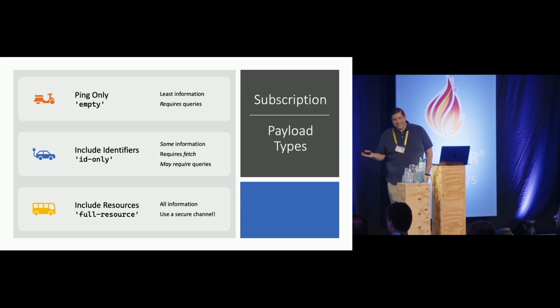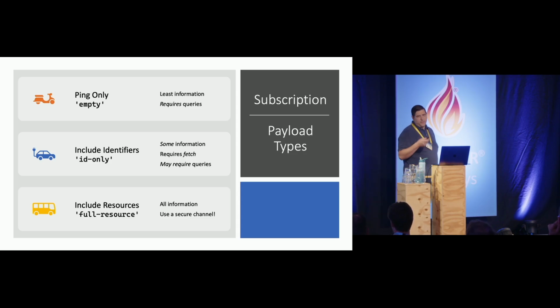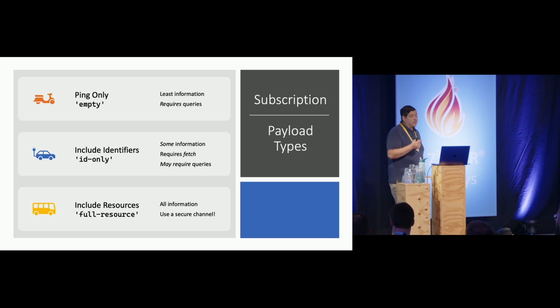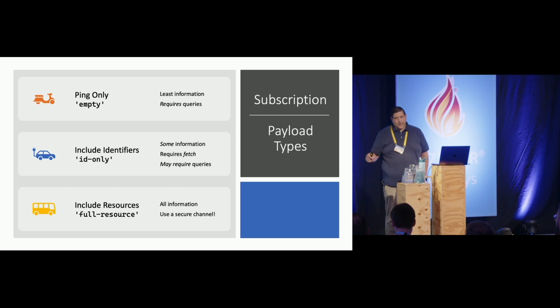Sometimes that's not appropriate. So you say, you know what, just tell me the IDs, right? Something happened on my encounter, tell me the encounter ID, and also, you know what, throw in the patient ID and throw in the observation IDs and everything else. But make me as a client go back and retrieve them. This has a couple of nice things. First is a lot less PHI. I won't say no PHI, but a lot less PHI.